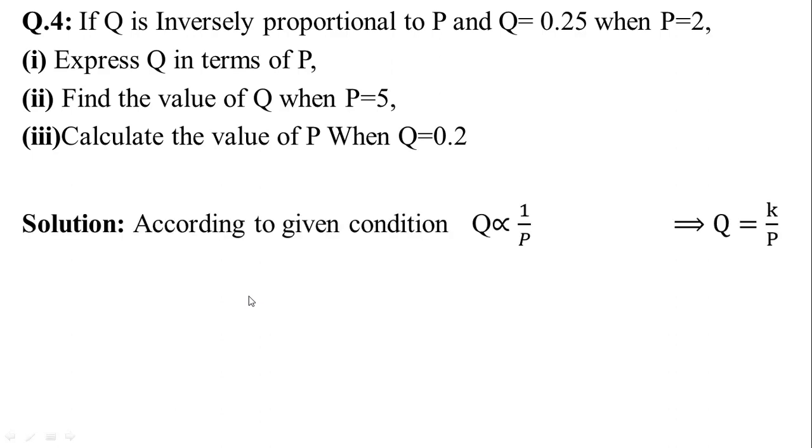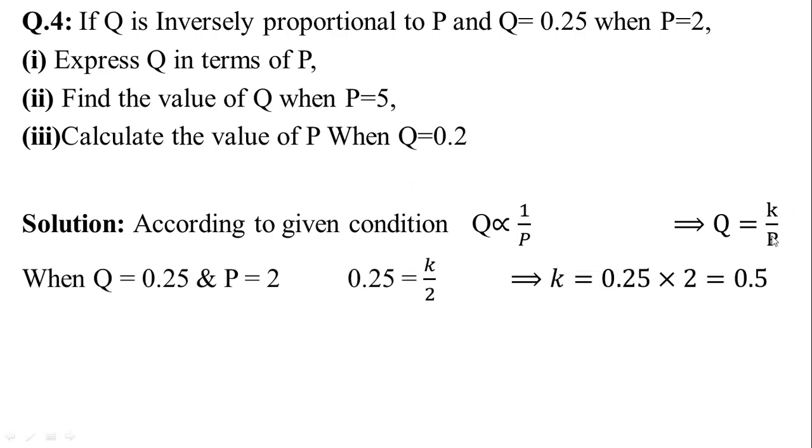Now, first of all, find the constant. According to the given condition, Q is inversely proportional to P. So, Q is proportional to 1 upon P. Removing the proportionality sign, this implies that Q is equal to k upon P. Here, when Q is equal to 0.25 and P is equal to 2, putting the values in the given relation, 0.25 is equal to k upon 2.